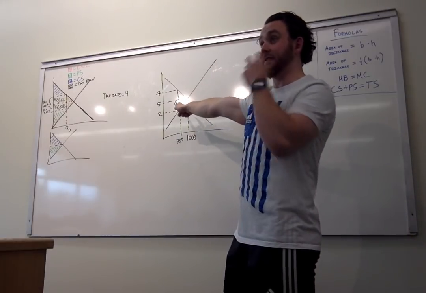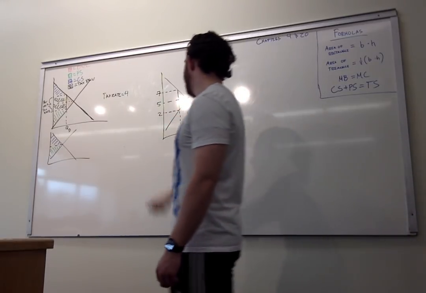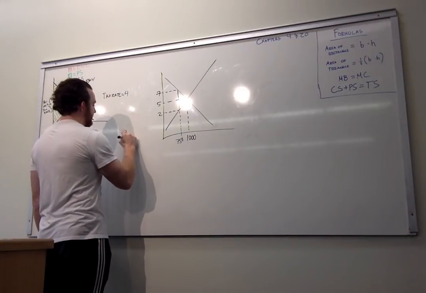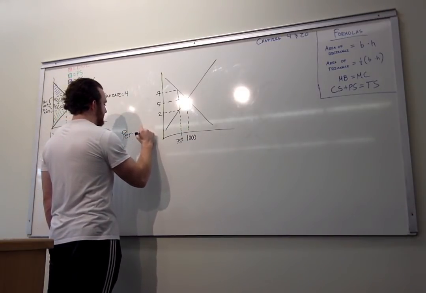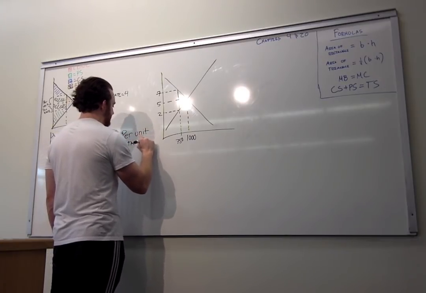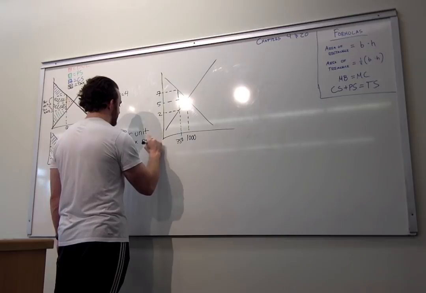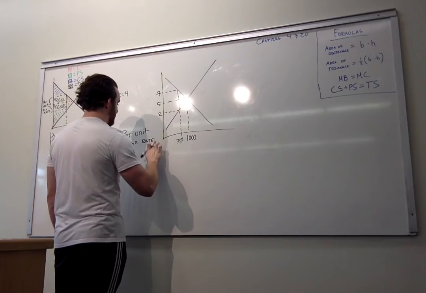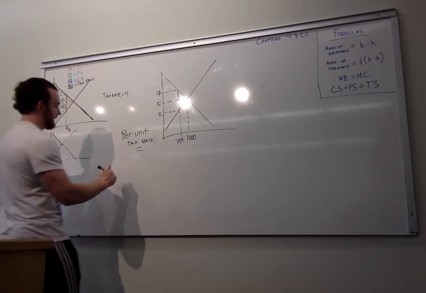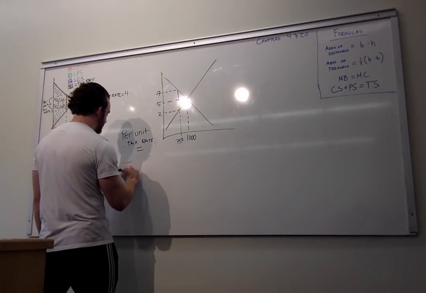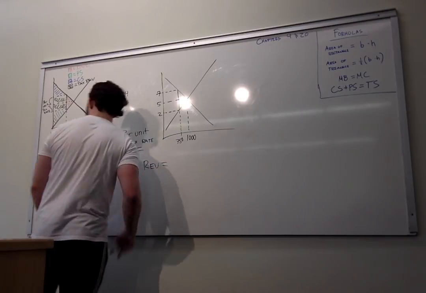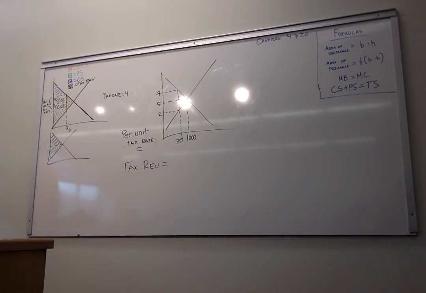So let's say that you're given this, and the question wants to know what is the per unit tax rate and also the tax revenue. So go ahead and try and calculate that real quick.